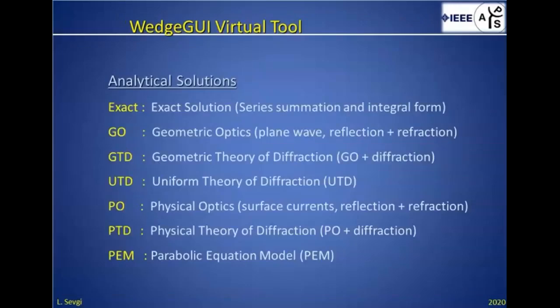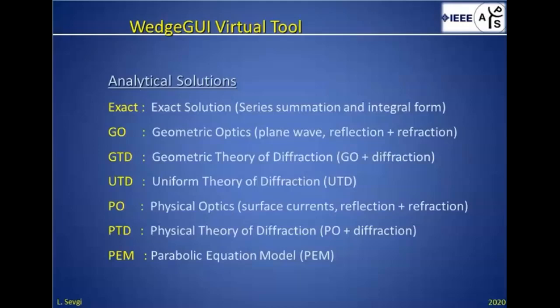Okay, analytical solution. The wedge problem with perfectly reflecting boundaries, a non-penetrable wedge, has an analytical exact solution. We are lucky because this canonical structure has a mathematically exact solution, so we have the reference solution. The exact solution may be either in series form, the summation of an infinite number of series, or an infinite integral form.